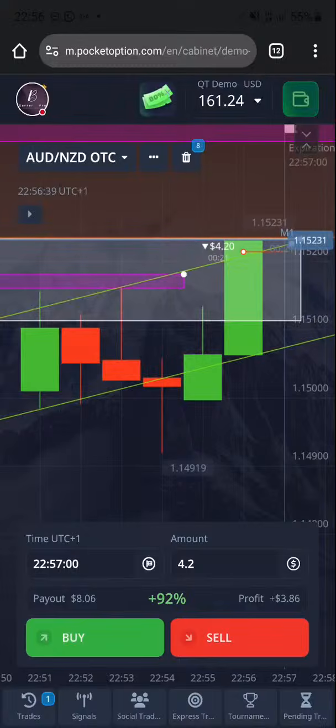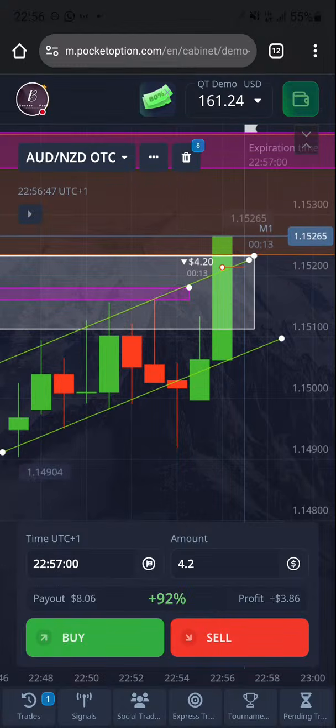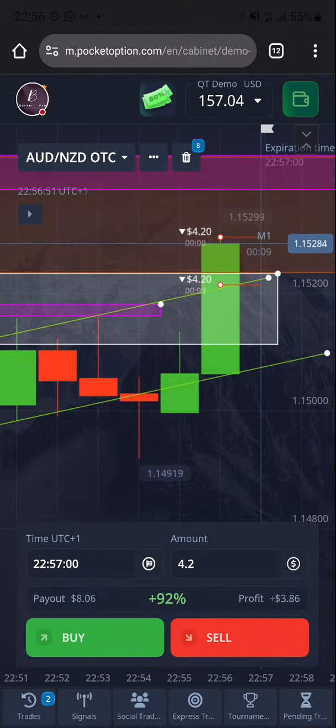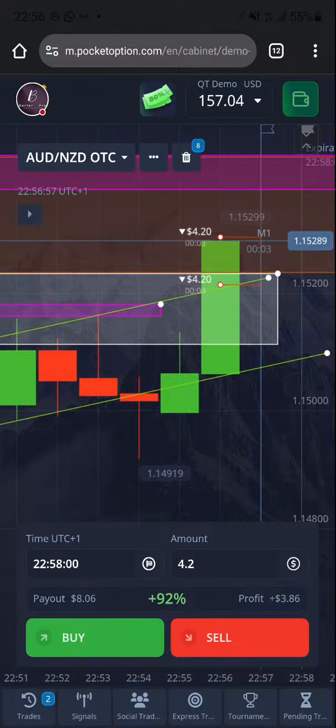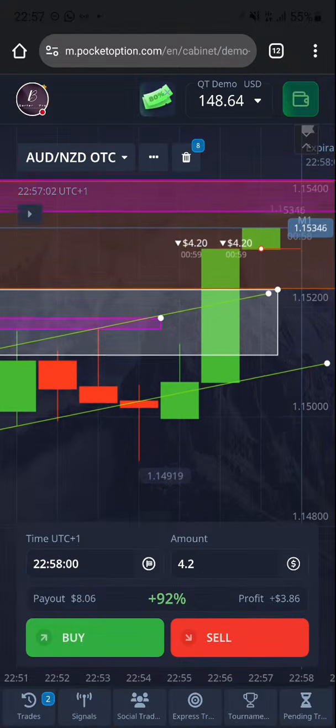I'm expecting a pullback, but if I don't get the pullback, I know that I'm entering with small amounts, so I'm not afraid of losing the trade. If it goes to this round number, I'll take one more. Yes, we may have the pullback from this round number because we're inside another block. And if it doesn't give us that, I'll go again.